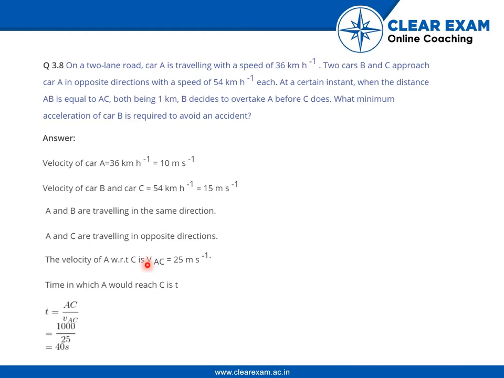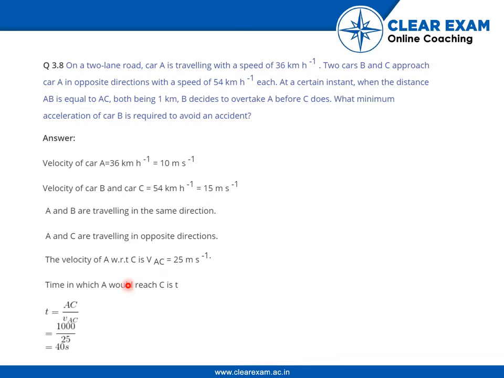Now what is VAC? It's the velocity of A with respect to C. It's the relative velocity, and as we know, A and C are running in opposite directions. The relative velocity would be 10 plus 15, which is 25 meter per second.